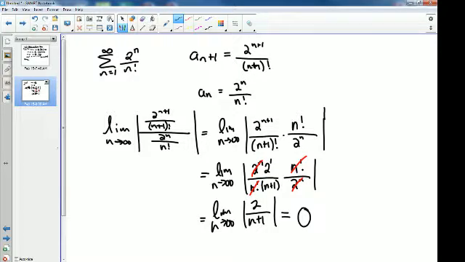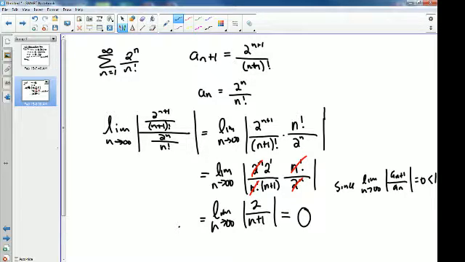And then since the bottom is infinite, the top is 2. It's the limit. All it is.